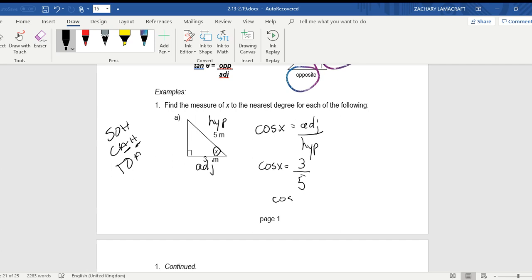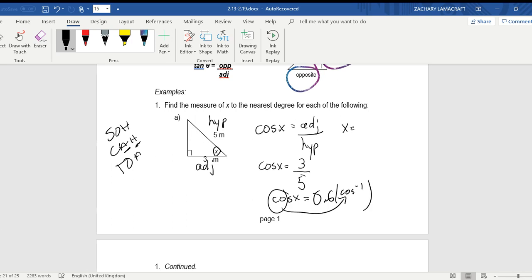Which would be cos X is equal to 0.6. And remember, if I'm finding an angle, I bring that over and it's cos -1.